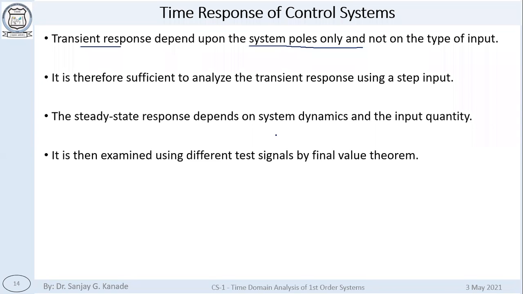The steady state response depends on system dynamics and input quantity. Remember what I'm saying here about the steady state response. The transient response depends on system poles, and the steady state response depends on system dynamics, meaning the mathematical nature of the system, and also on the input quantity.